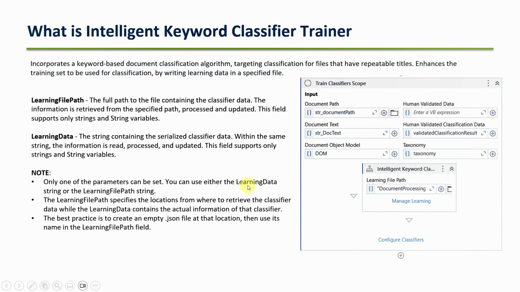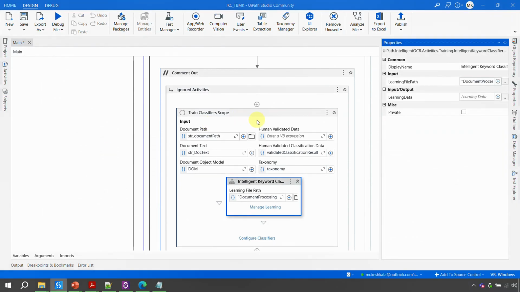You can use either the learning data or the learning file path string, right? At a time you can only have one of these. And now what is this learning data? This learning data is the string that contains the serialized classifier data. With the same string, it is read, processed and updated. This field supports string and string variables, right? So these are the only 2-3 properties which this guy has, right?